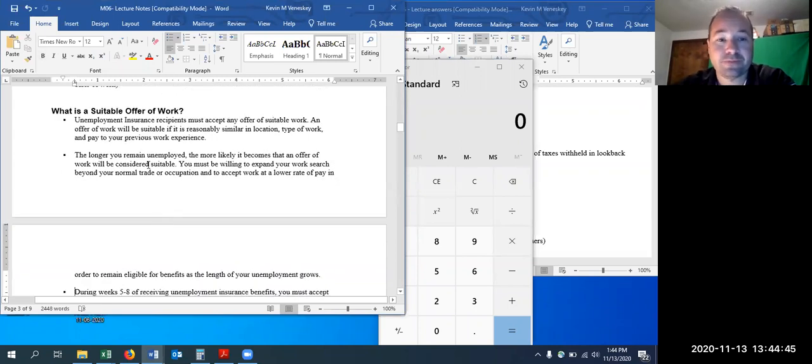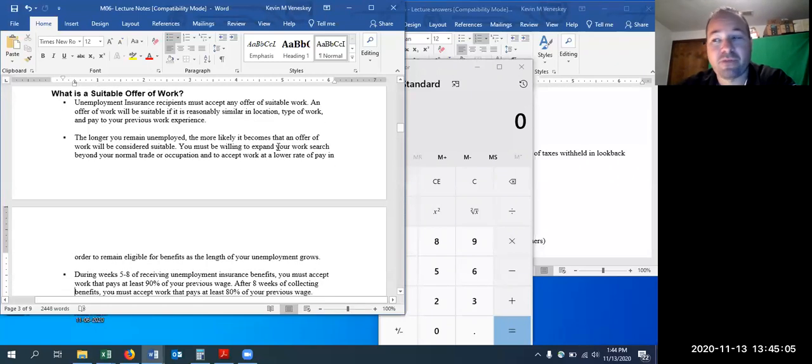Suitable offers: you have to accept any suitable work. And suitable means it's near the same location as your previous job, same type of work, and same pay. Now, the term for suitable begins to expand the longer you're on unemployment.